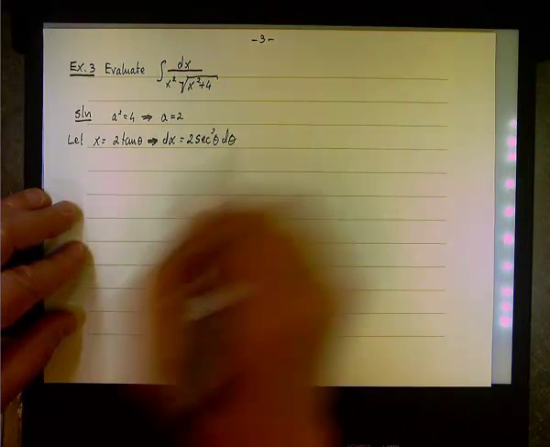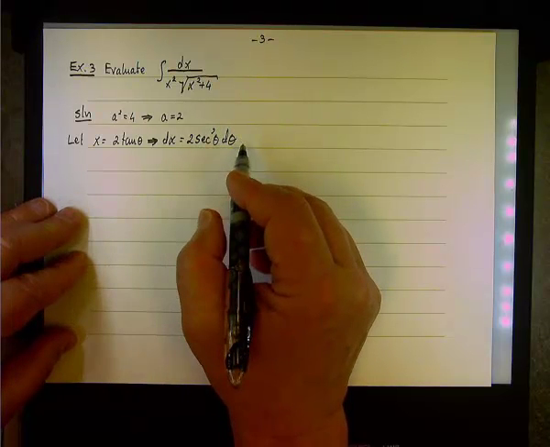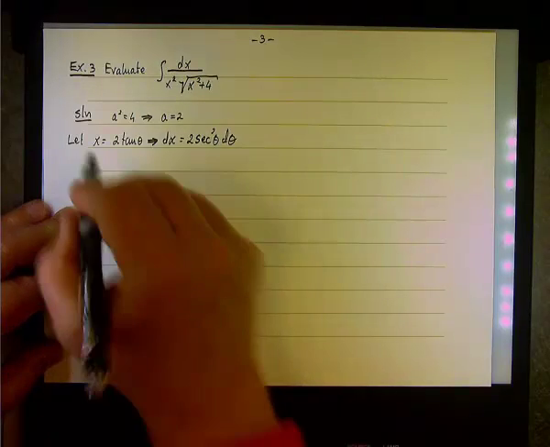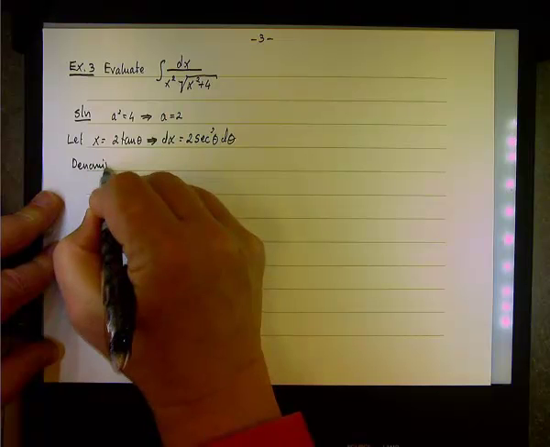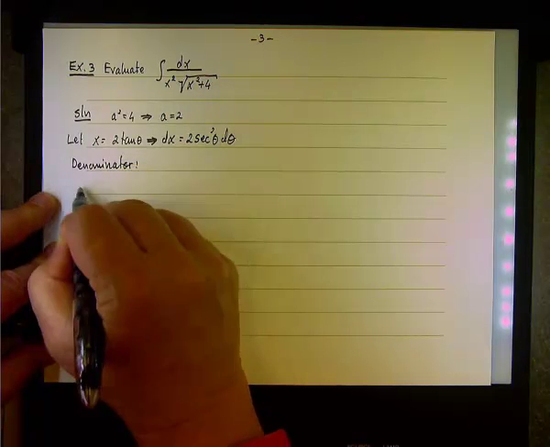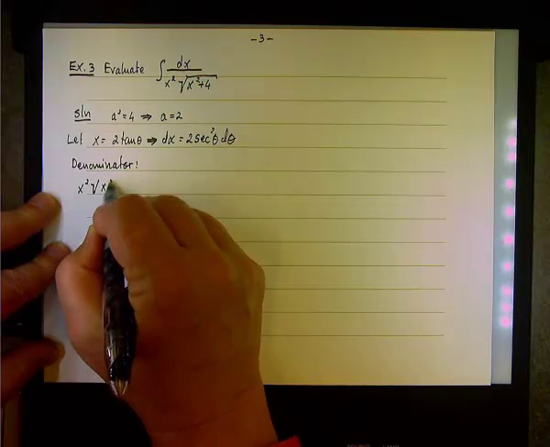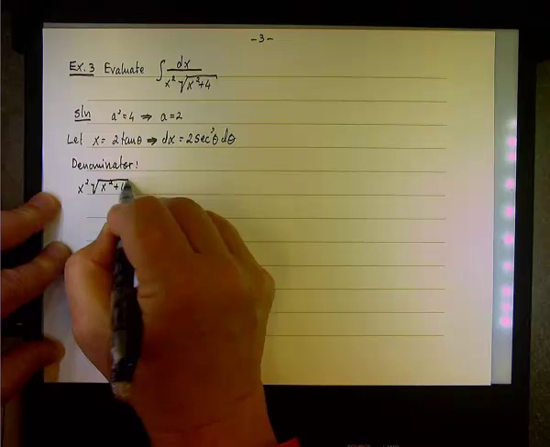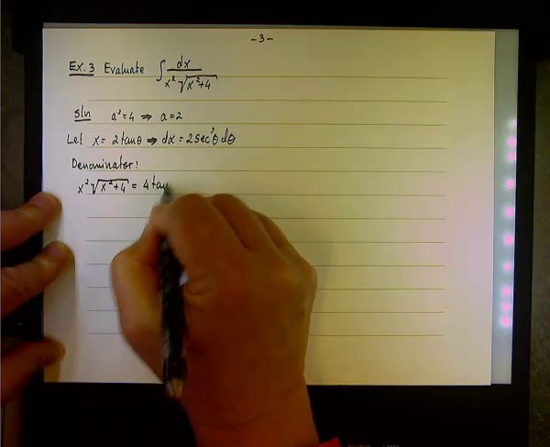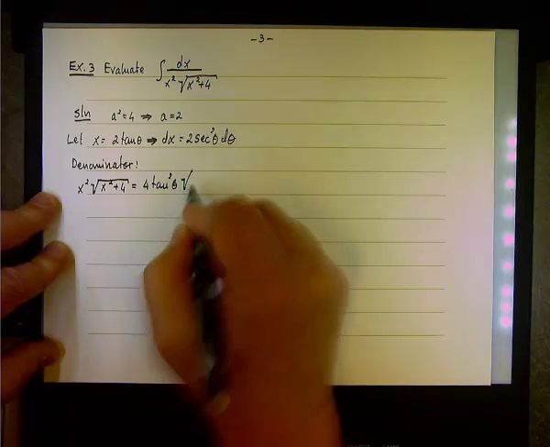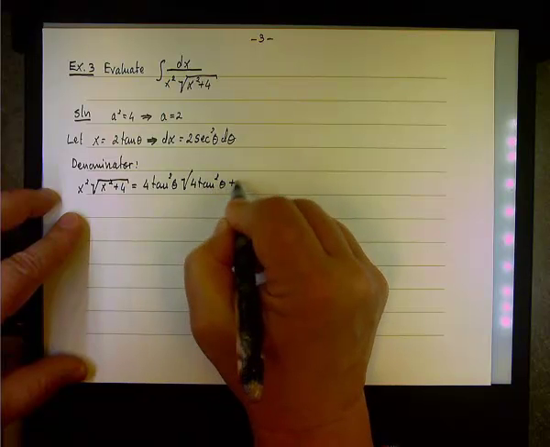Okay, now let's deal with the denominator. dx is the numerator. In the denominator, we are looking at x squared times the square root of x squared plus 4. After the substitution, it's going to look like this. x squared is 4 tangent squared, and inside we have 4 tangent squared plus 4.